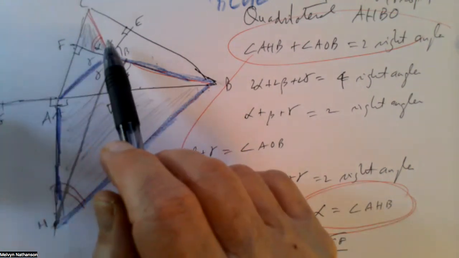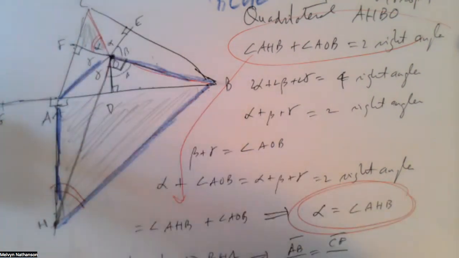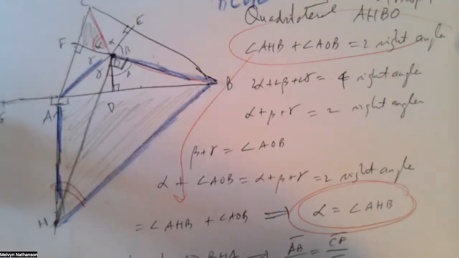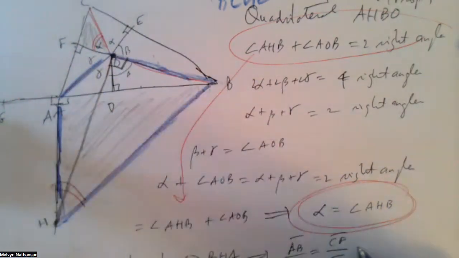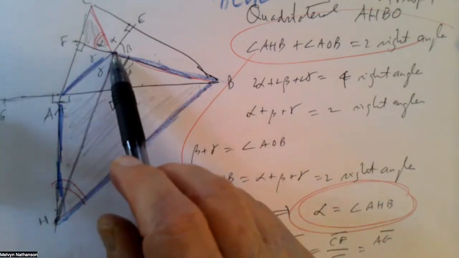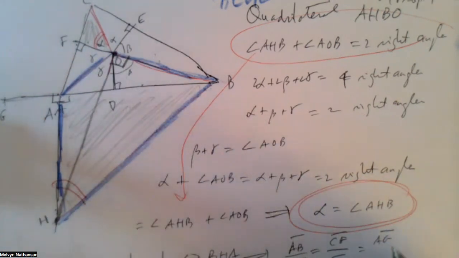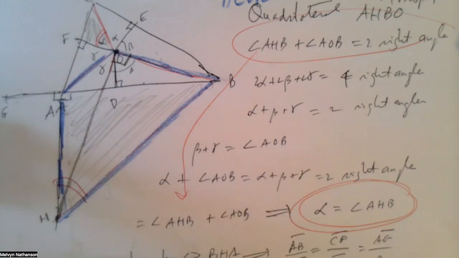The side next to alpha is OF. And CF is the same as CE is the same as AG. And OF is the radius of the inscribed circle.